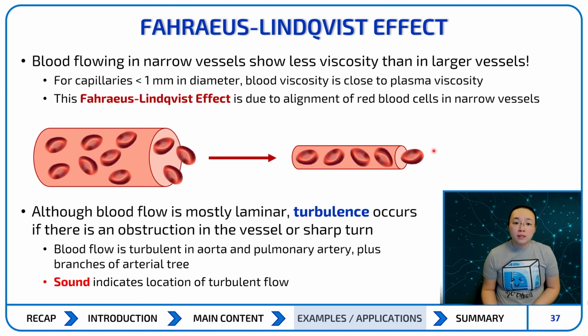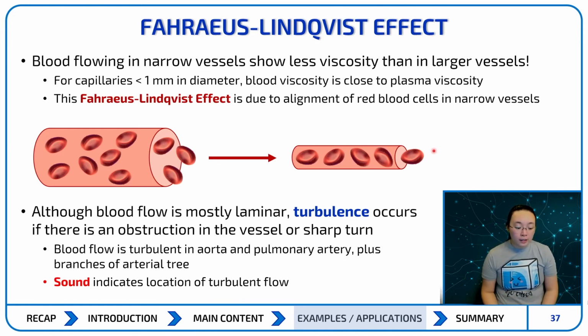It's most turbulent in the aorta and also in the pulmonary artery, because those are where the blood vessels are the largest, and that gives room for more disorder in terms of where those blood vessels can go. And also, if you branch off into the arterial tree, then you'll also see some turbulence, because there is still room for multiple blood cells to move within the vessel.